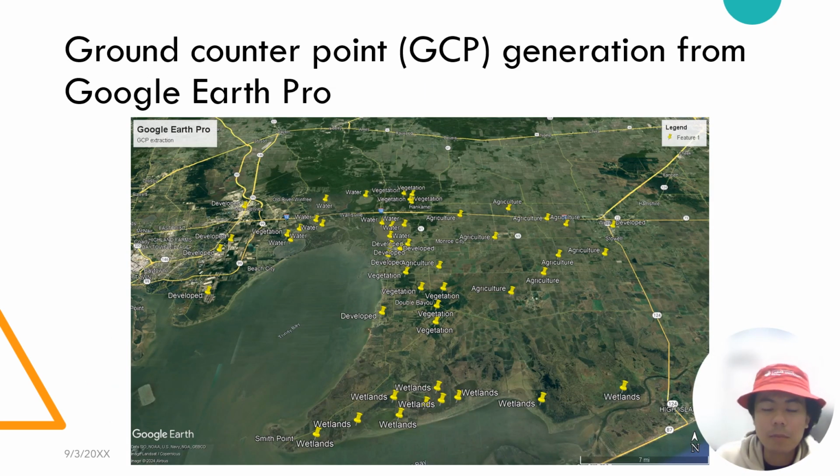After we get the results from the K-means and HCA clustering, we need to assign the cluster numbers to different classes. Since we have 4 classes, we need to find 4 majority classes in our study area. For Chambers County, we can see that it dominantly has agriculture area, vegetation, wetlands, and developed area.